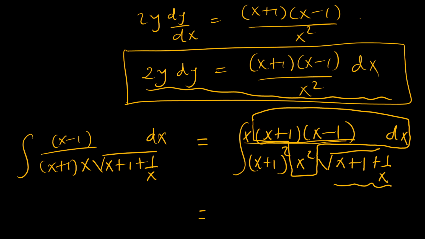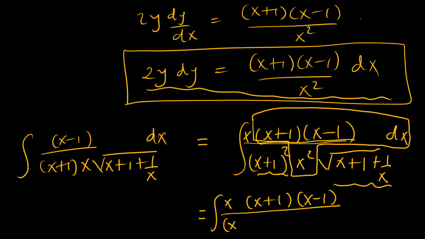One other thing we can do is expand this guy out. So we have x plus 1, x minus 1, x squared plus 2x plus 1 is x squared times x plus 1 over x, dy.